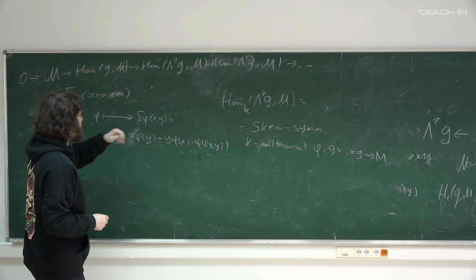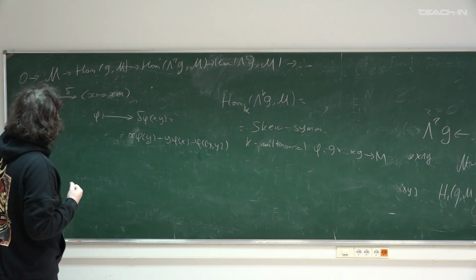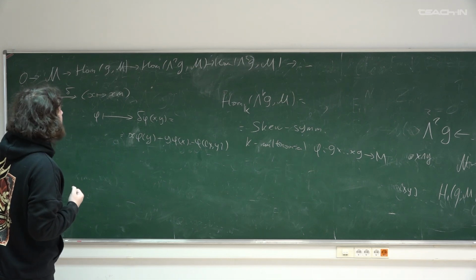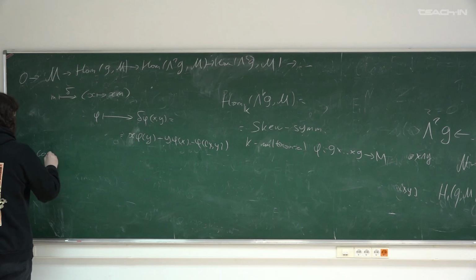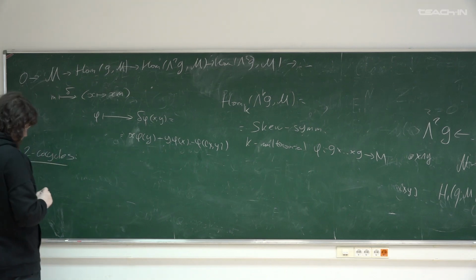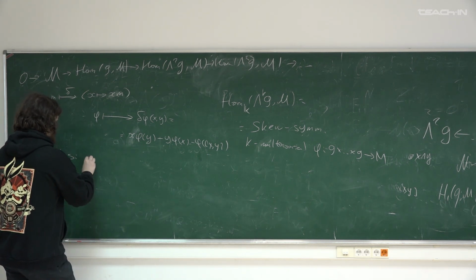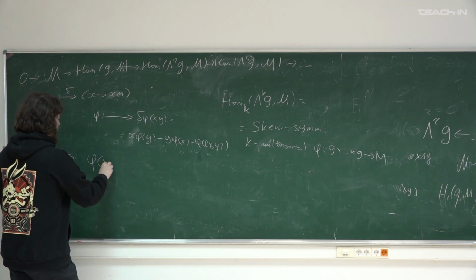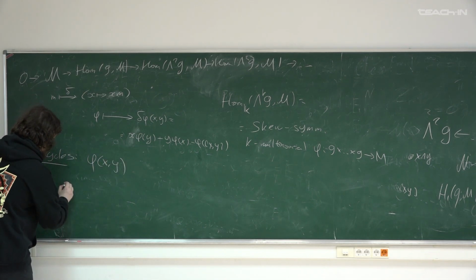And finally, what are the two cocycles? It's phi in two variables such that its differential in 3 variables is 0.